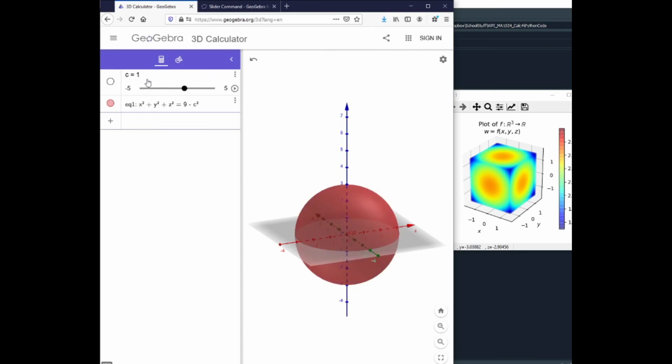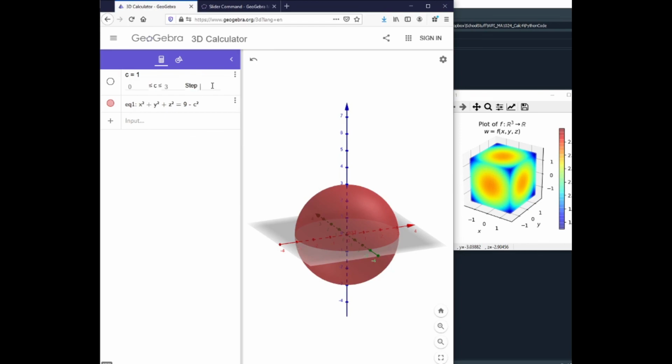And when you press enter on that, Geogebra knows to create what's called a slider, which is a very useful tool because it allows us to change between various values of c in our range. We can choose what value of c we want using this slider.